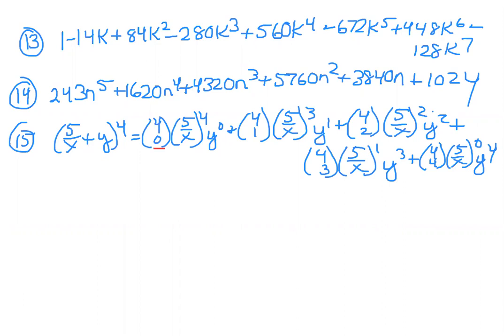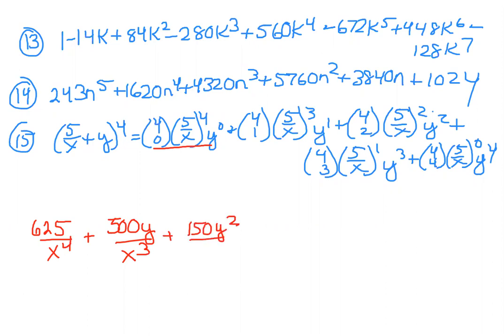This right here becomes 5 to the 4th over x to the 4th, so that is 625 over x to the 4th. The next one becomes 500y over x cubed. And the next one becomes 150y squared over x squared plus 20y cubed over x plus y to the 4th.